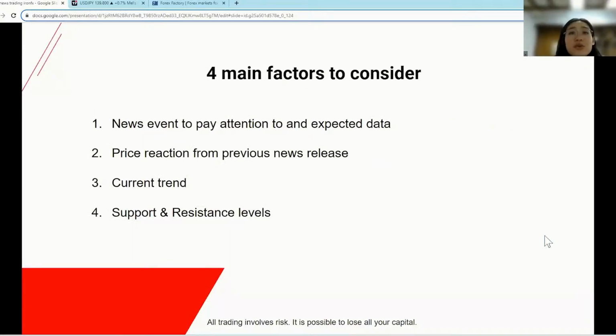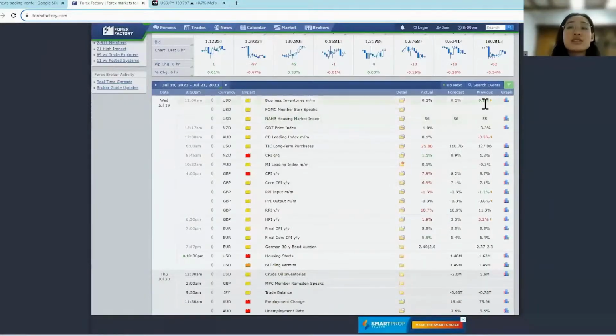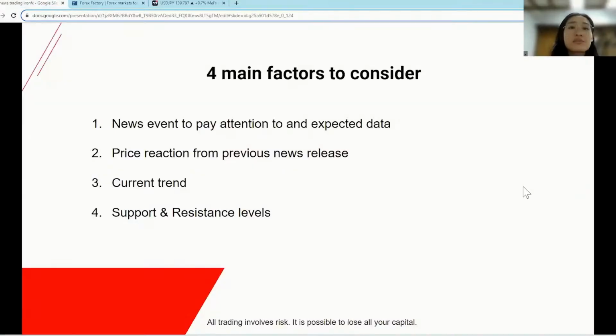Okay, so there are four main factors to consider when you are trading the news. Firstly, news event to pay attention to and the expected data. Next is the price reaction from the previous news release. Because as I mentioned earlier, you can obviously look at the previous forecast, the previous data release, and you can pull out your TradingView and observe how this data affected the market.